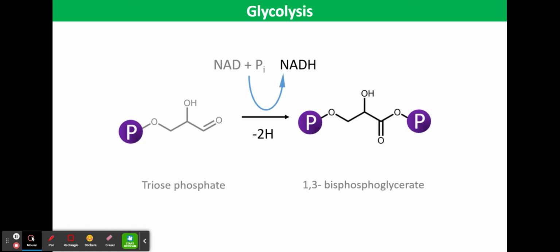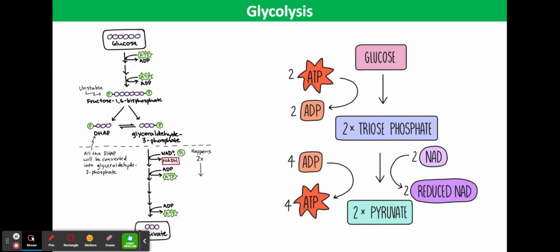At this stage of glycolysis, two molecules of NAD are reduced for every molecule of glucose undergoing this process. Also at this stage, 4 molecules of ATP are made for every 2 triose phosphate molecules undergoing oxidation. Both of the diagrams on the slide in front of you summarise the set of reactions.